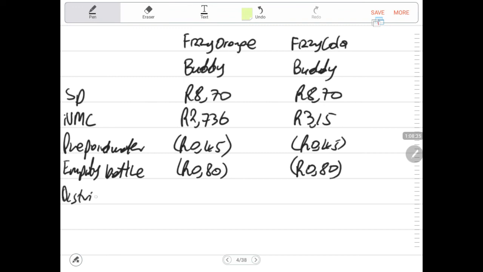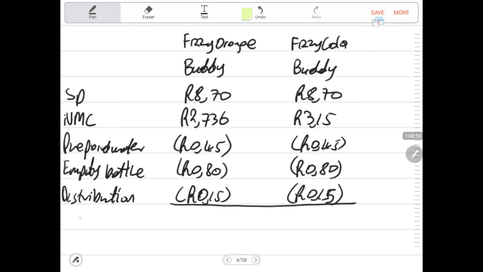Distribution cost, that is variable. Remember, we are only focusing on the variable cost here. 0.15. Then now we will get to our contribution per unit.